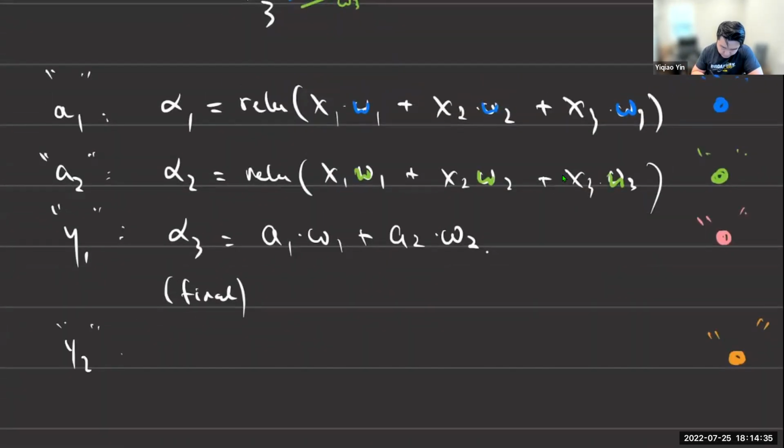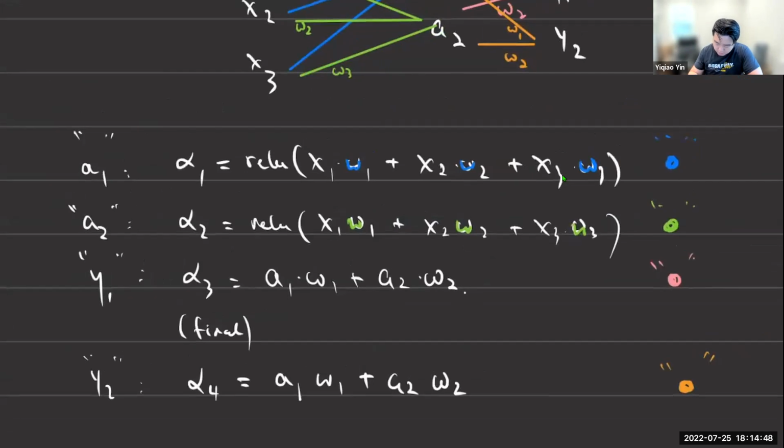Now, of course, that's going to be called L4, and then you have A1 W1 plus A2 W2. Now, these weights are color coded, so let me make sure that's up to date. This is the pink W1, W2, and we have the orange W1, W2, so that you know these are different W's with different values.